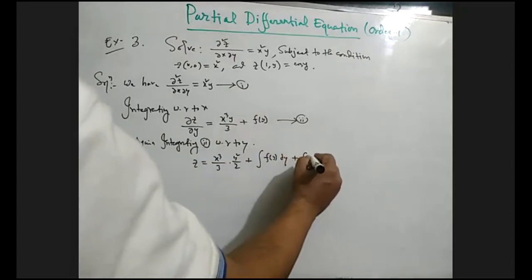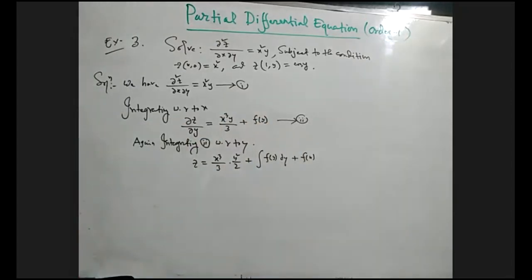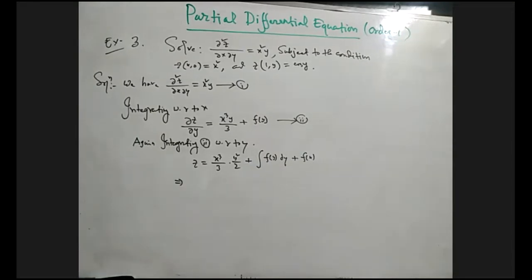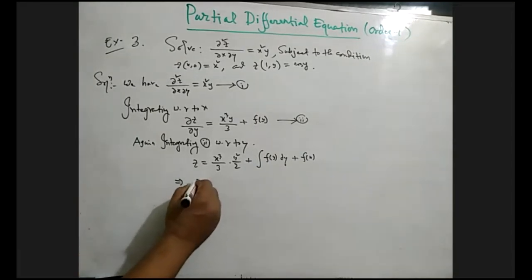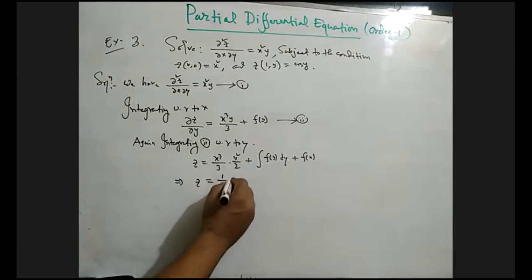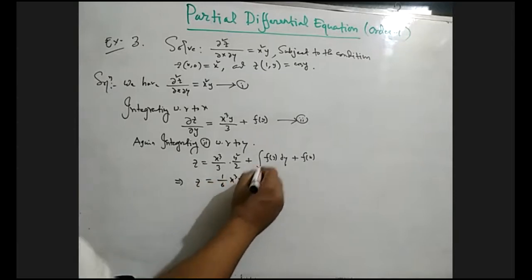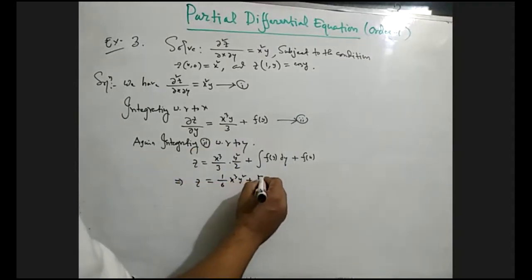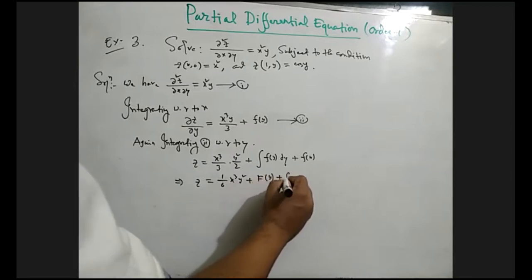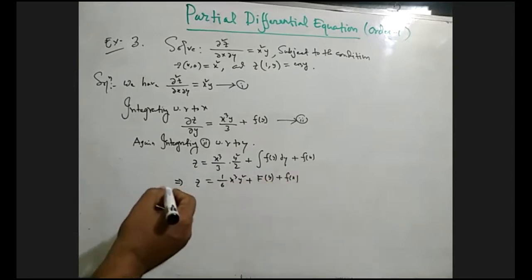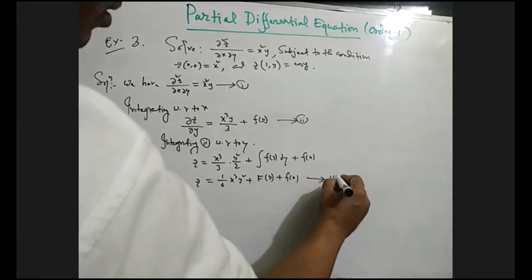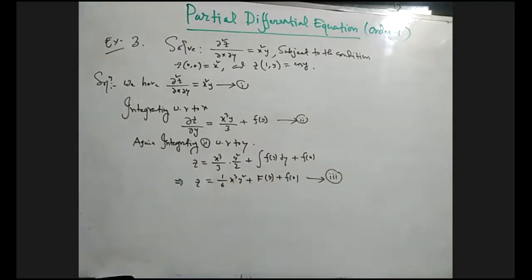So we can write z equals 1 by 6 x cube y square, plus this integration which gives a function of y, plus f of x. This will be the solution of this partial differential equation.